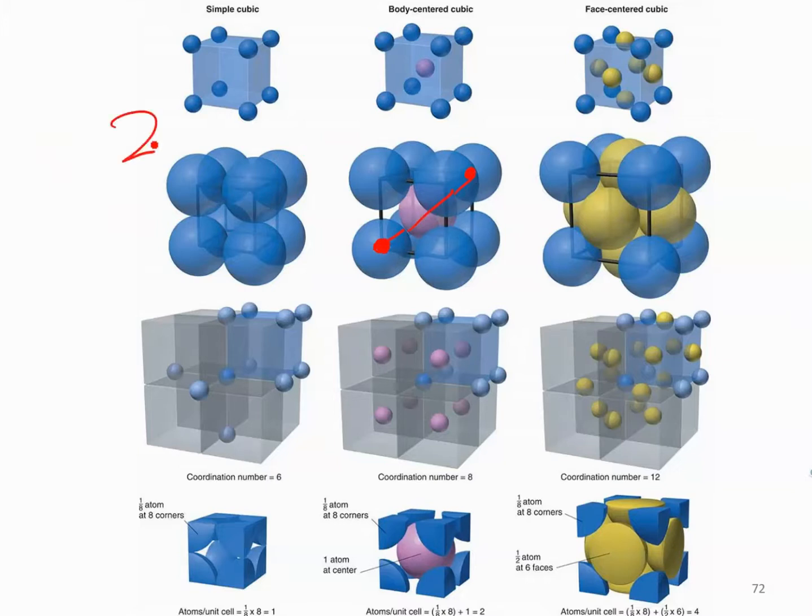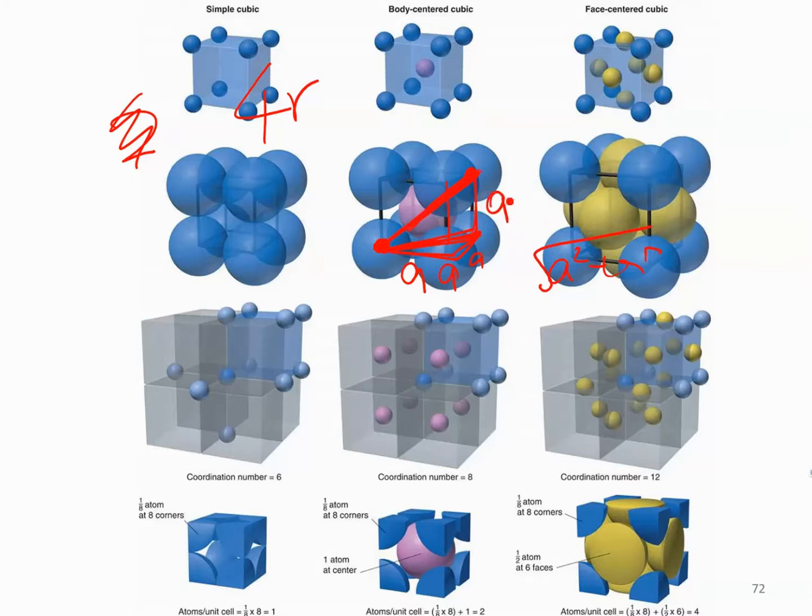So this is 4R. We know this is A. We know this is A. And then we know this is A, right? So we're able to find this one, right? This is A, this is A. So this one is the square root of A squared plus A squared, right? And then this is A. So there's no difficulty to find this one.